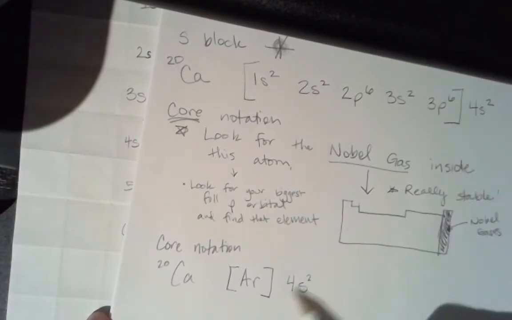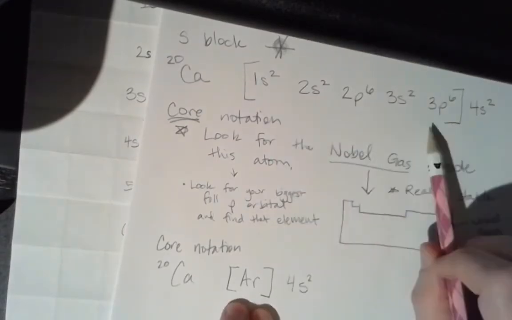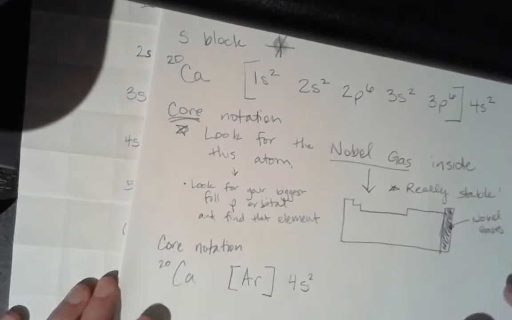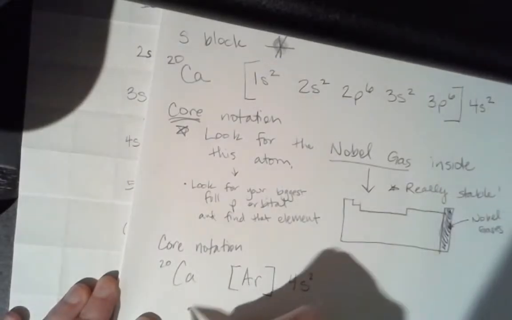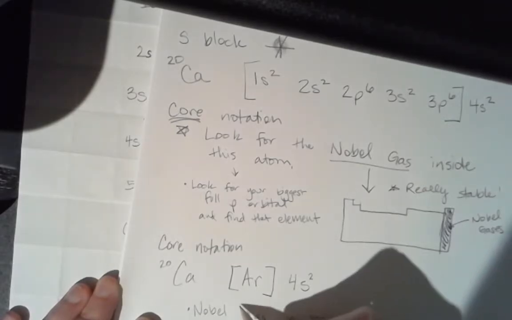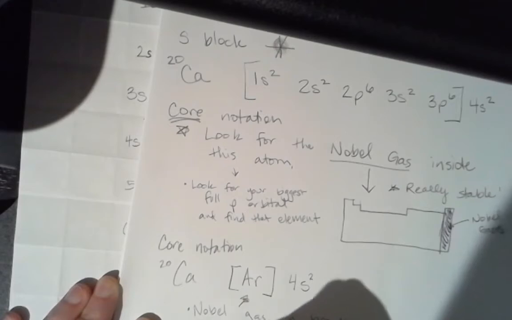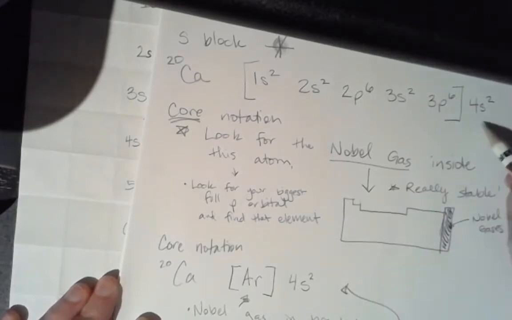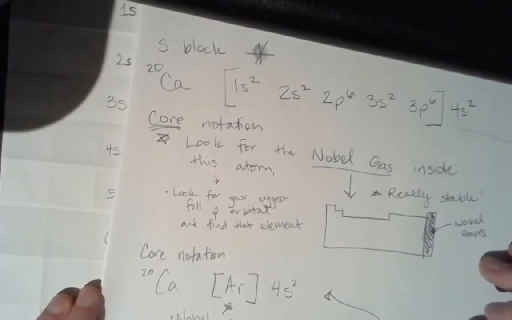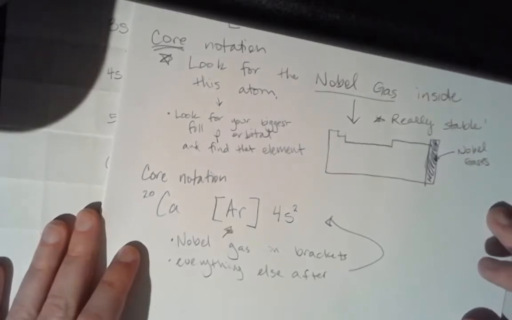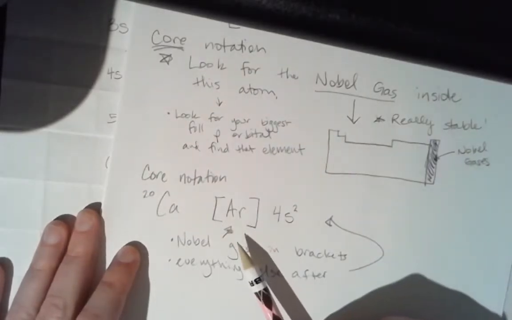And when you write the core notation, put that noble gas in brackets and put everything else after. So noble gas in brackets and everything else after. Okay, and everything else after is just like anything else. There we go. That's good. So the noble gas goes in brackets. Anything else after that goes after.